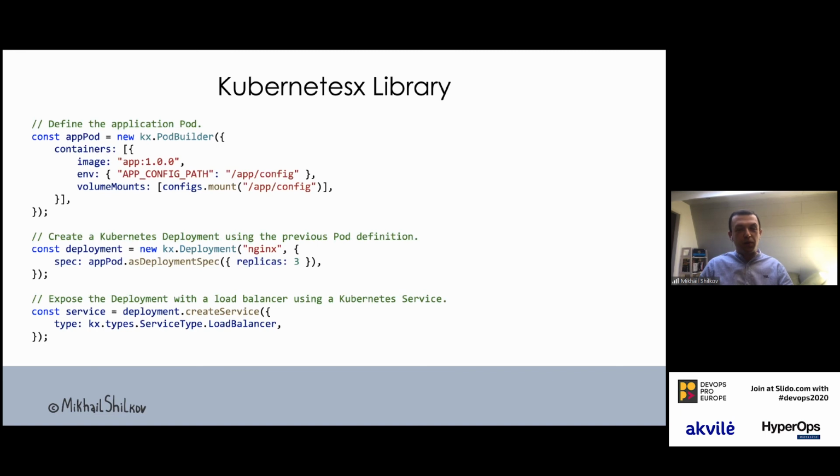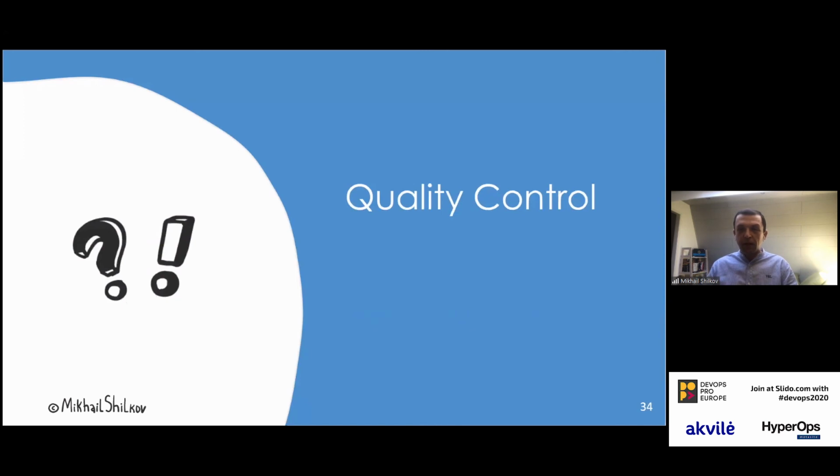You can create pod definitions and deployments in just a couple lines of code, and then wire them together. And in the output, you can apply these definitions with Pulumi CLI, or you can also dump them to YAML files and use your normal tooling to deploy those. So the idea of creating components applies to Kubernetes as well.